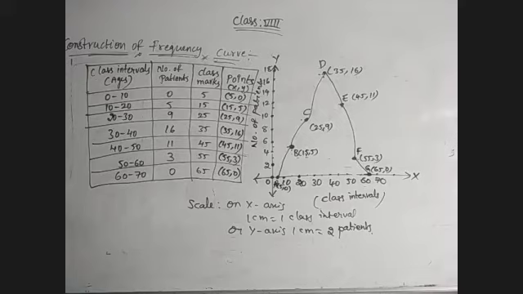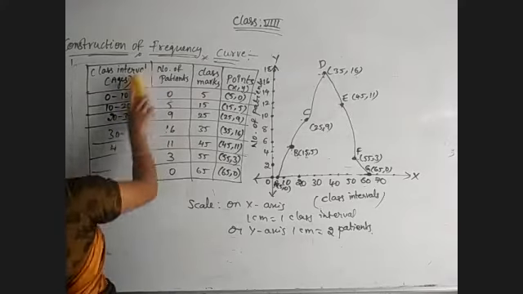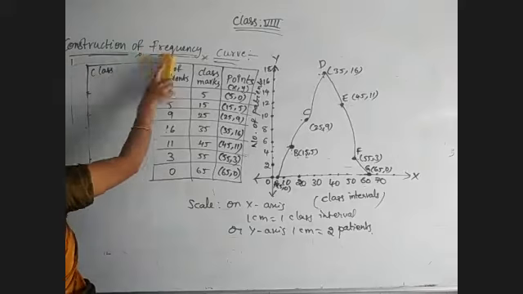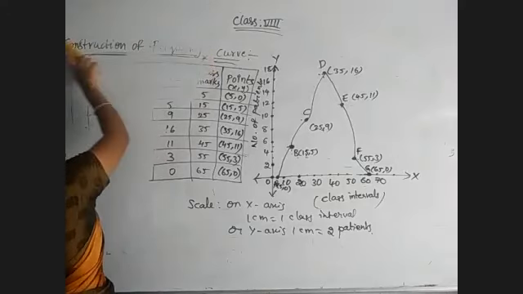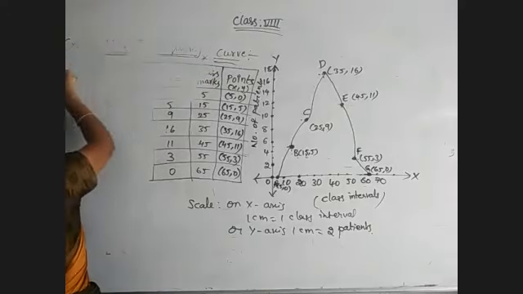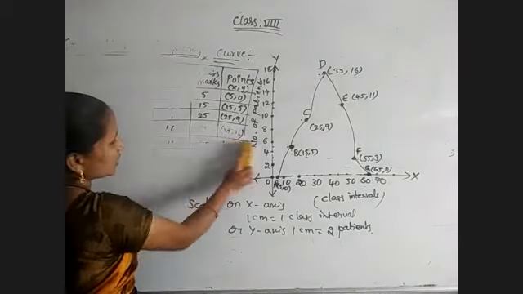So next we will see the graph of cumulative frequency. It is also called the Ogive curve. That means we need to take the points.